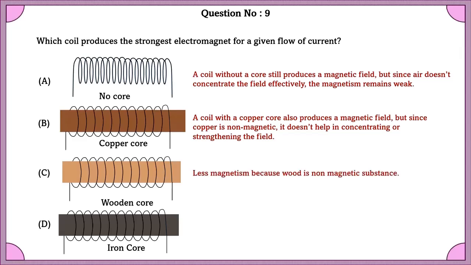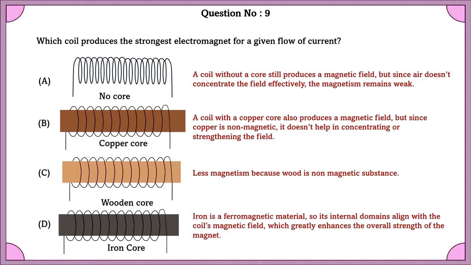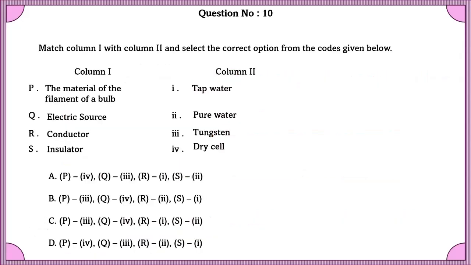Less magnetism because wood is a non-magnetic substance. Iron is a ferromagnetic material, so its internal domains align with the coil's magnetic field, which greatly enhances the overall strength of the magnet.